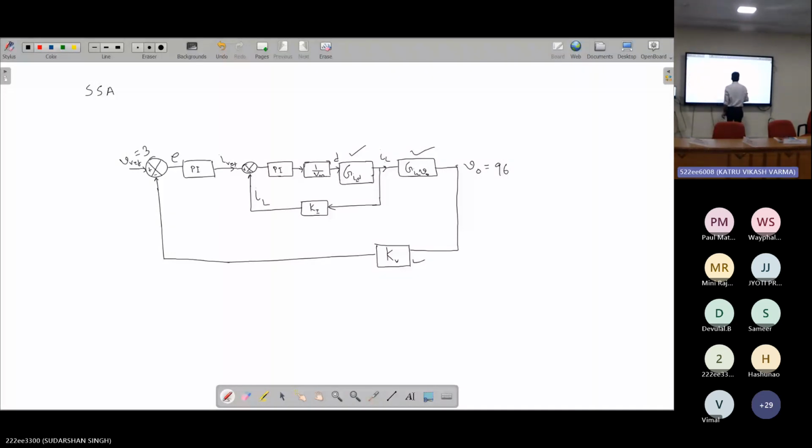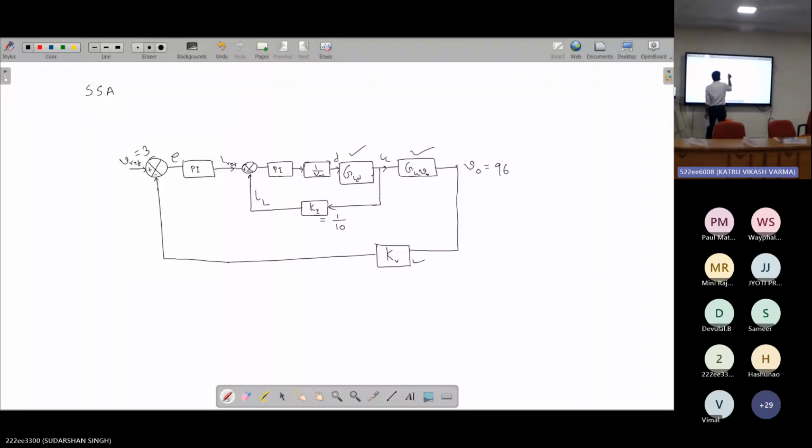So obviously it should be 3 by 96. Similarly, depending on the sensor, we have a sensor gain. How much sensor gain are we considering here? 1 by 10. VM, we are considering 1 volt.